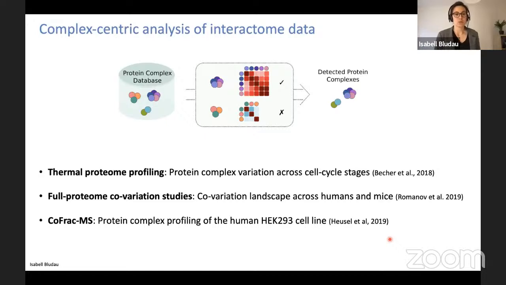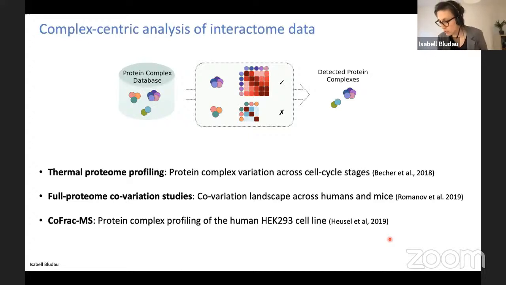It has also been used in full proteome covariation studies to look at protein complex conservation across humans and mice. And finally, of course, we have in the Eversalt lab adopted an automated strategy to look at protein complexes in co-fractionation MS data by the complex-centric analysis approach.